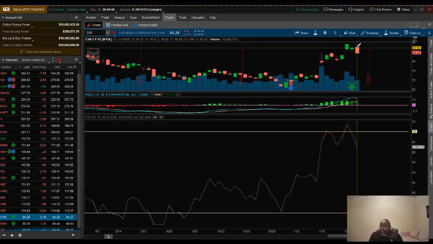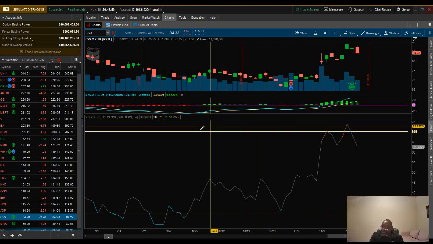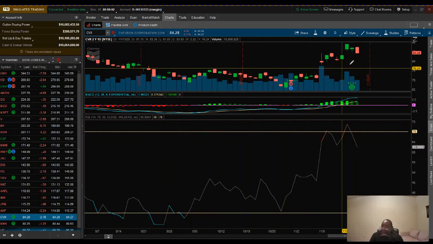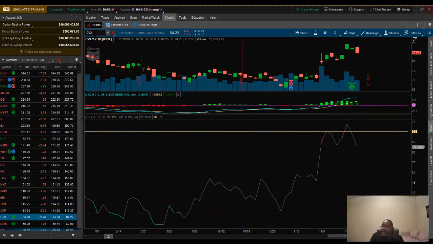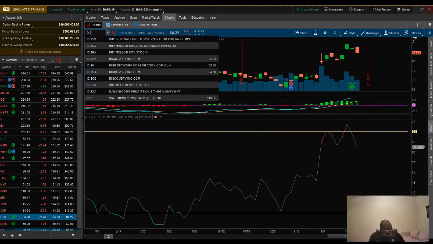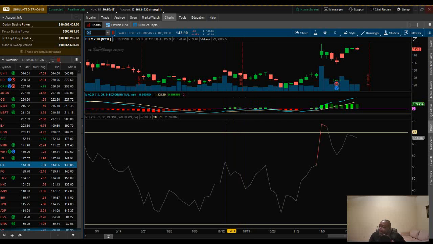Now, there are times when certain stocks will perform in such a way where they'll stay up here for a while and keep going up. That does happen. Trying to see if I could find a good example of that. I think that took place with Disney. Let me see if I could show you that.